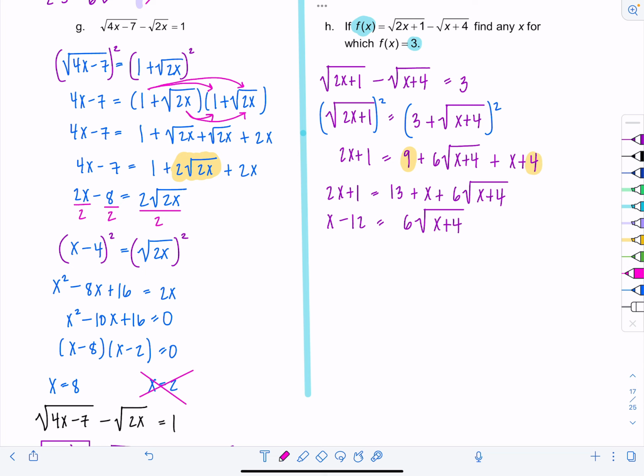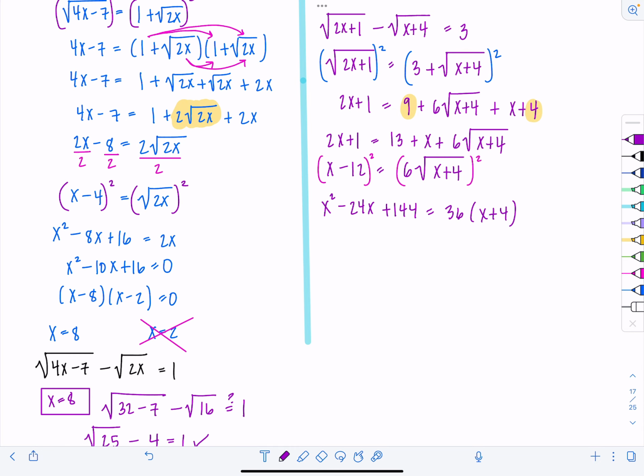Sound good? So we'll square both sides, but we just have to have our wits about us and remember to square the 6 on the right-hand side. Okay, so this is going to be x squared minus 24x. Don't forget the 24x equals, square the 6, it's 36. And then squaring rad x plus 4 just gives us x plus 4. Good? Yay. Okay, let's clean things up.